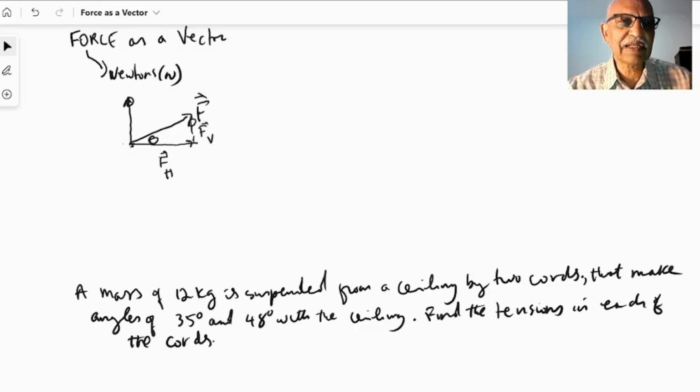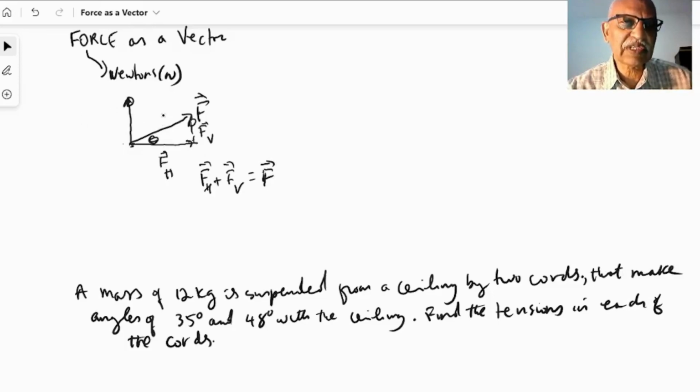If this is an angle theta, the horizontal component plus the vertical component, using the triangle law of vectors, is the resultant, which is F.